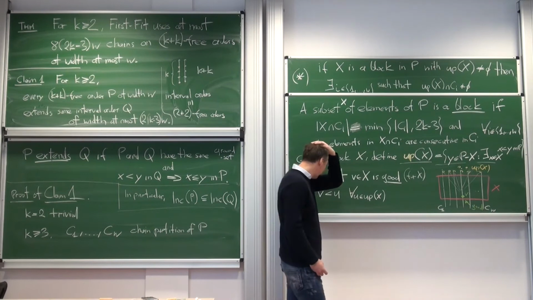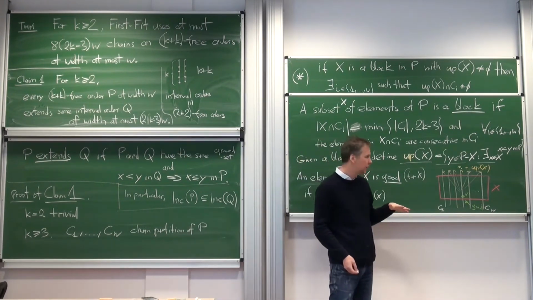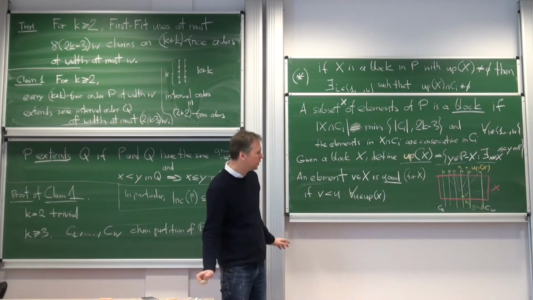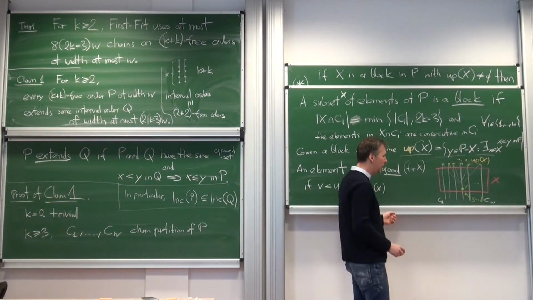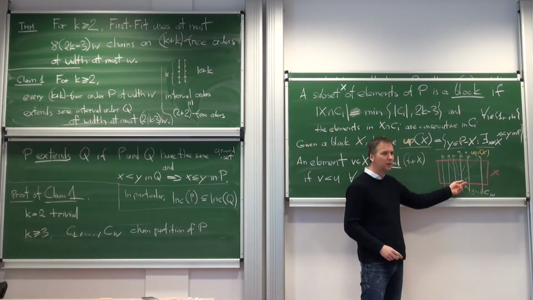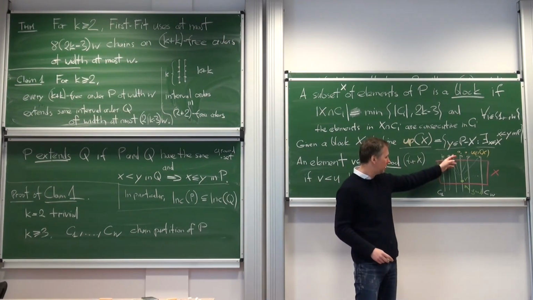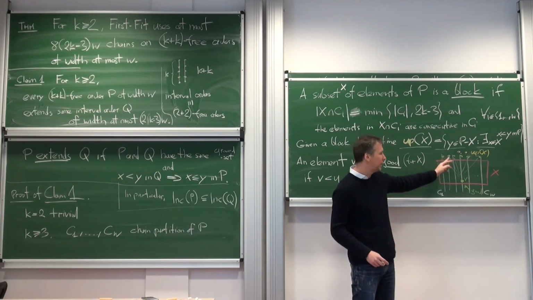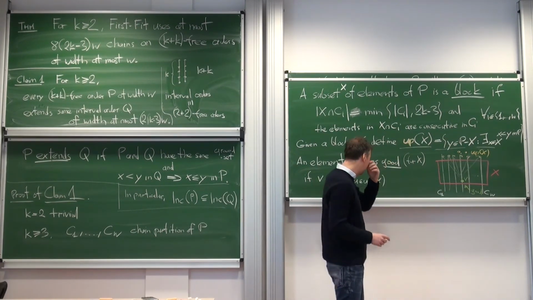Now an element is good in the block X if it belongs to the block and it is below all of the up set of the block, so all the elements that are above here. In principle it wouldn't have to be below this one, but it's good. So by definition it is below everybody here, all the yellow.